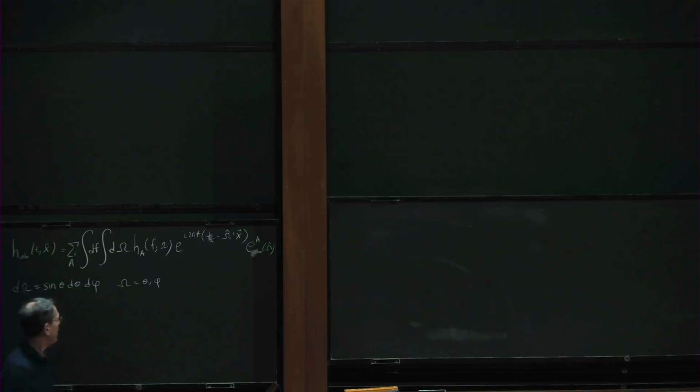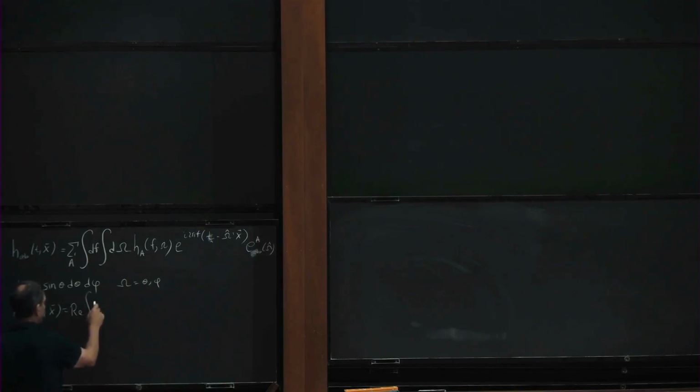And I also wrote a complex form of this. I think I'm going to write that as well, just as part of this review here. It looks almost exactly the same, except instead of summing over polarizations, we take the real part. We have the same integral over frequency, same integral over directions.